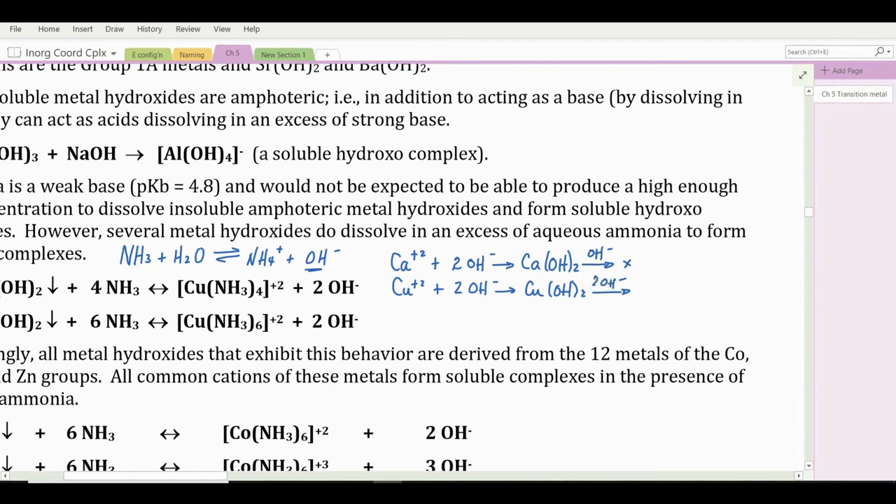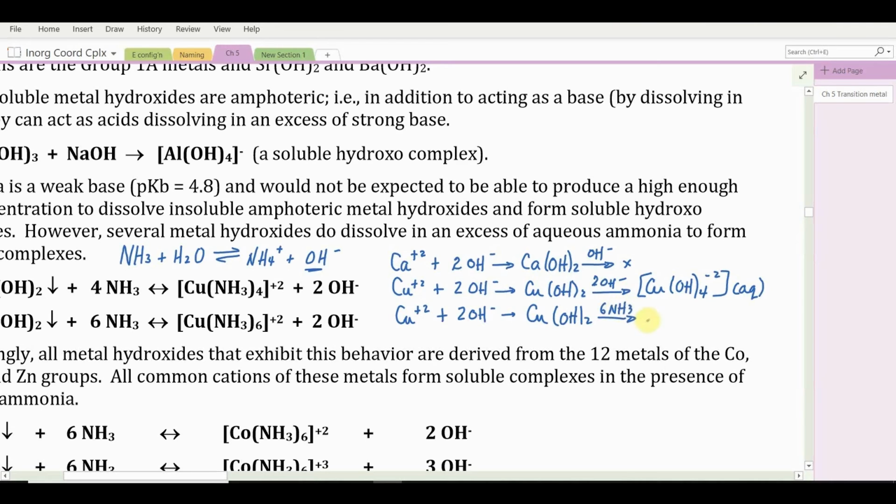In fact, we need 2 moles of hydroxide, and it'll form this tetrahydroxocuprate complex, which is water soluble. And interestingly, copper, which precipitates with hydroxide to form copper 2 hydroxide, will in fact dissolve if we add ammonia.